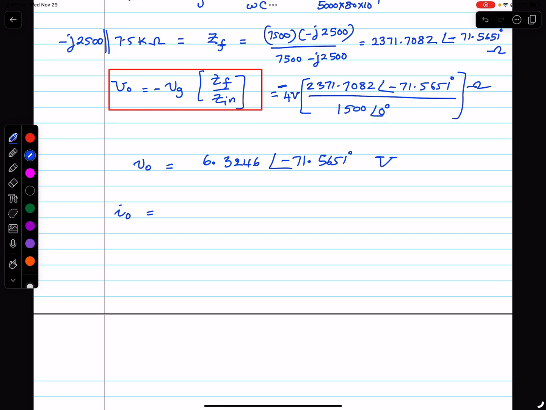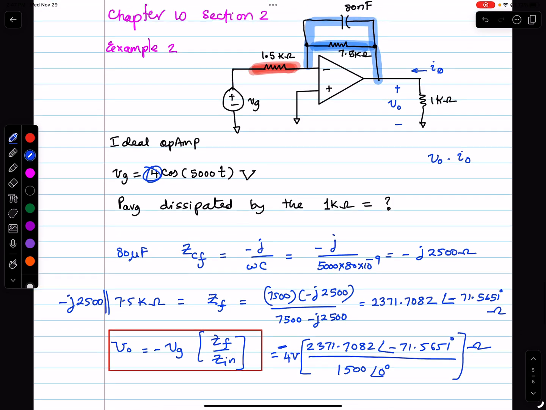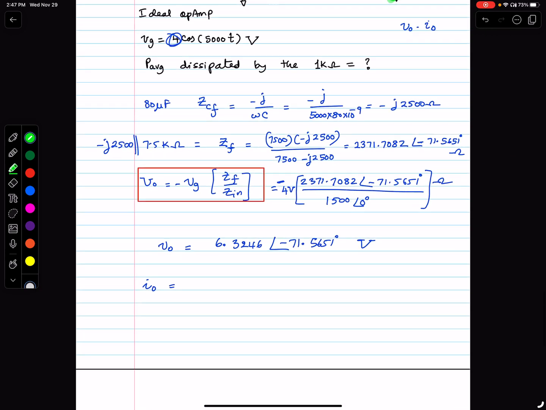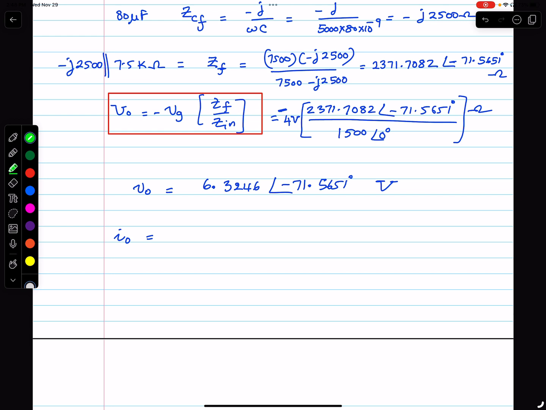I output is nothing but, if you know the voltage across this resistance, you can simply divide the voltage by the resistance. So V output over 1 kilo ohm should give you I output.